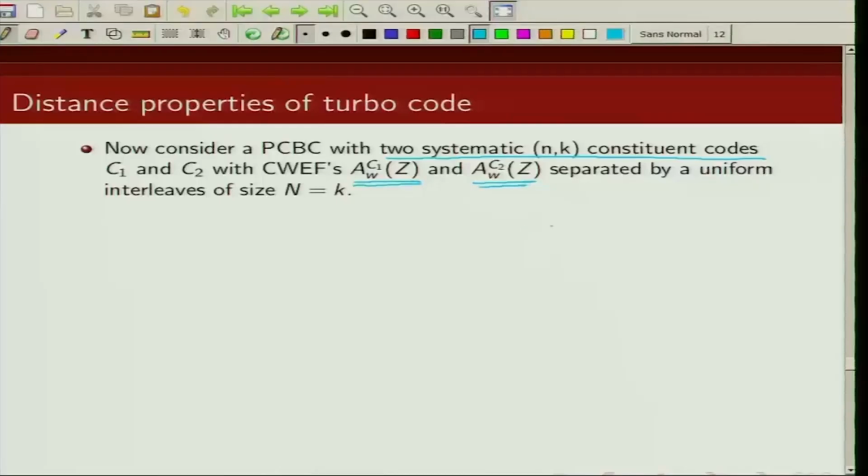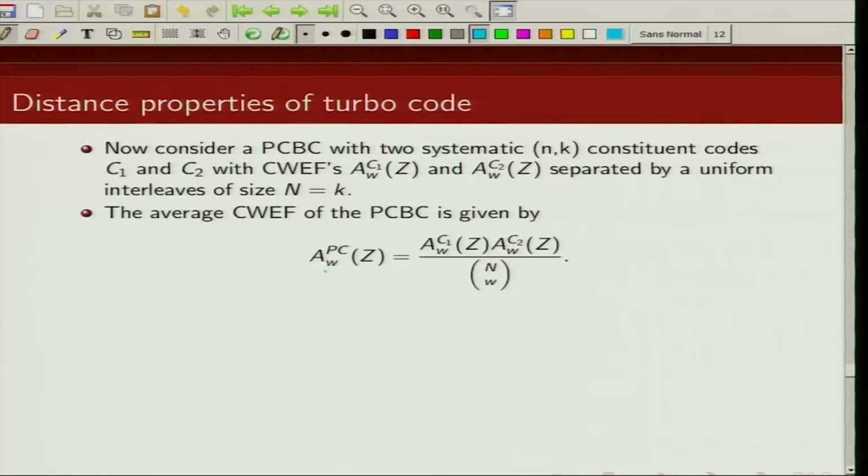Now again, recall our encoder is something like this. We have a systematic encoder, and then the information bits are interleaved and fed to the second encoder. This is the output. So the conditional weight enumerating function of the parallel concatenated code can be given by this.